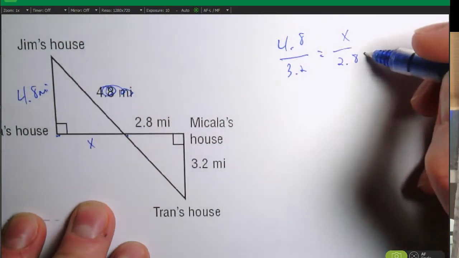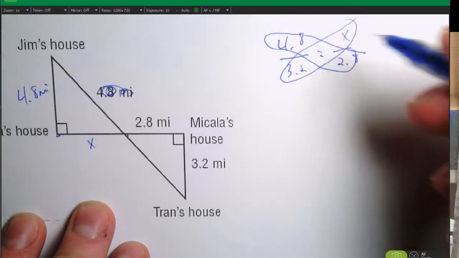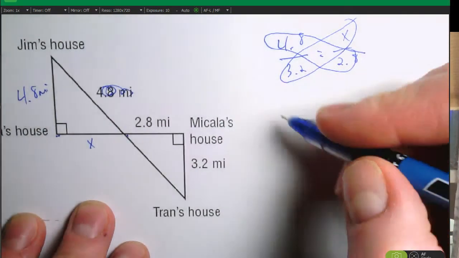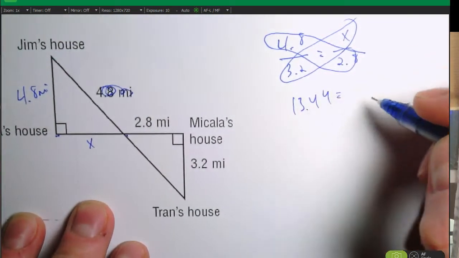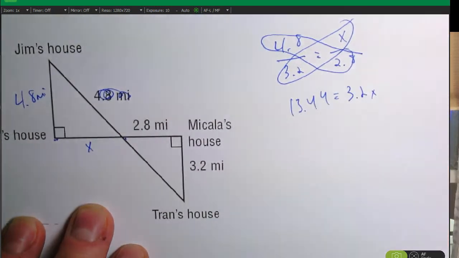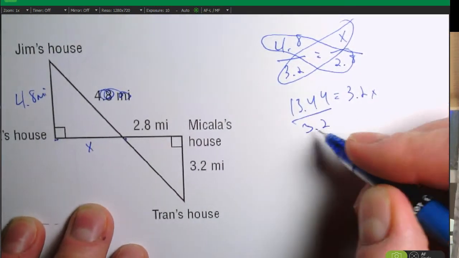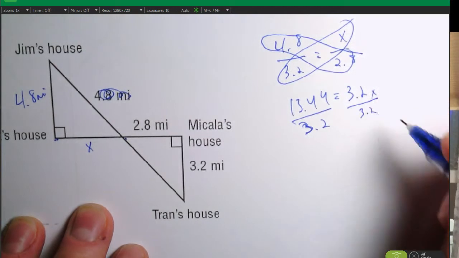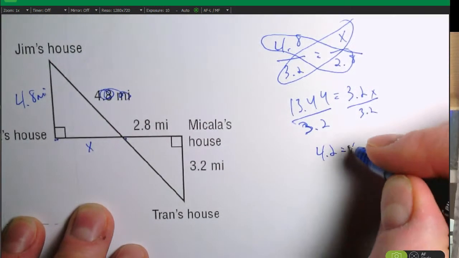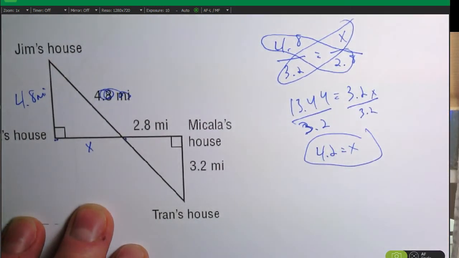But again, throw it in a calculator. 4.8 times 2.8 gives us 13.44. 3.2 times x is 3.2x, and then divide both sides by 3.2. So 13.44 divided by 3.2. We get 4.2 for x.